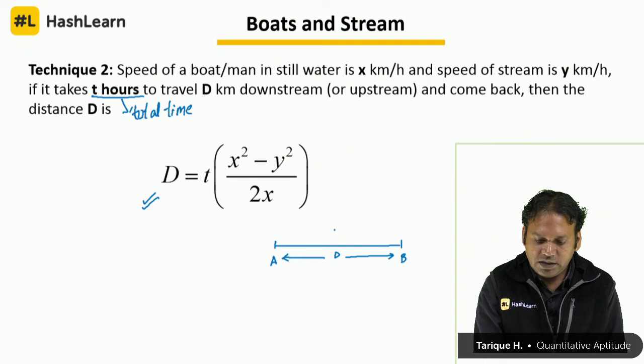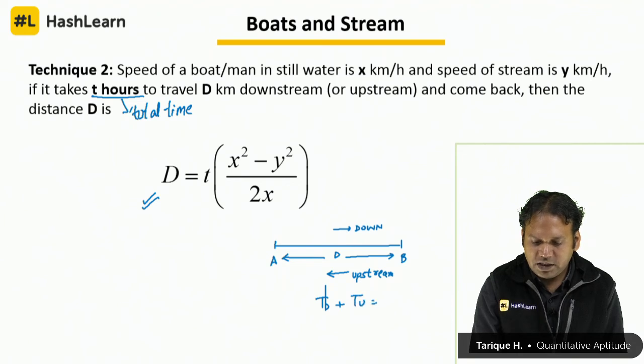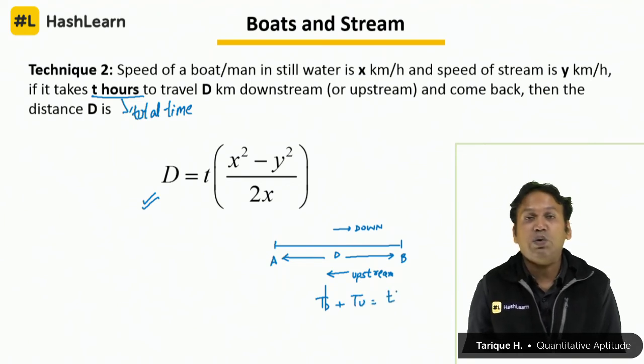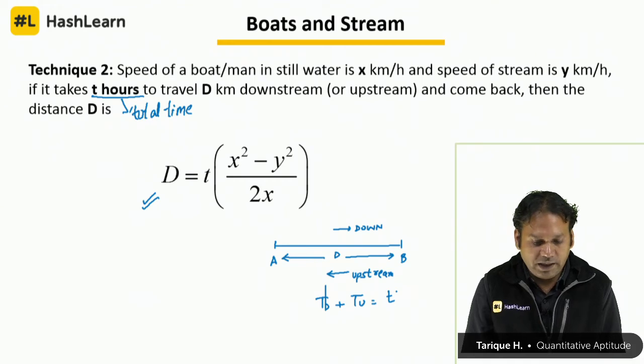You go a particular distance downstream and come back the same distance upstream, and the total time, that is time downstream plus time upstream, is equal to t. So, t is the total time here to go downstream and come back.